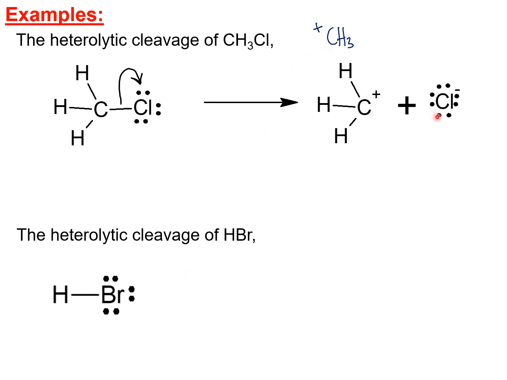And then Cl atom now dah dapat 2 elektron hasil daripada bond cleavage, heterolytic cleavage between this carbon and Cl atom. So Cl atom ni akan dapat 2 elektron here and also negative charge. Okay, so that's why CH3+ ni akan jadi cation, Cl minus ni akan jadi anion, and we know that Cl is more electronegative compared to carbon atom.